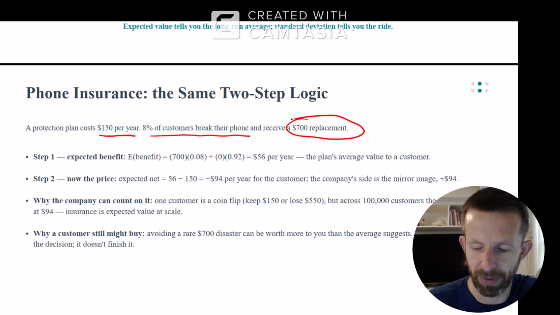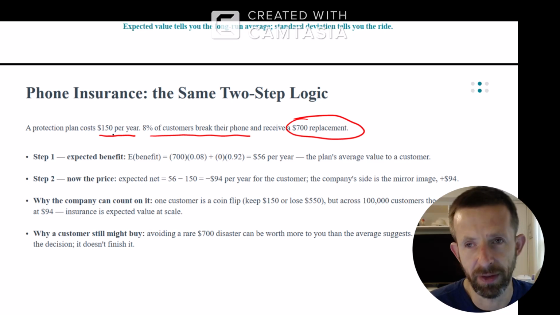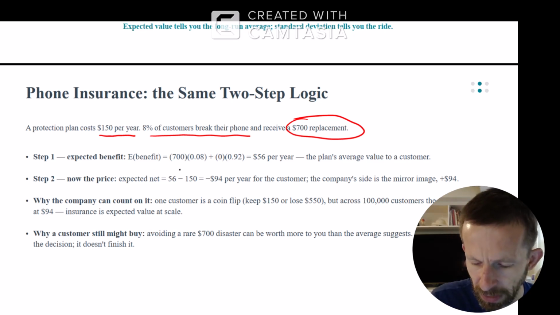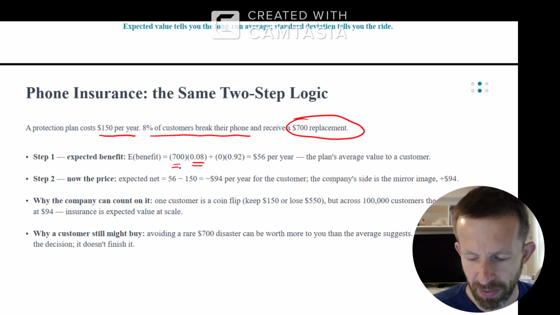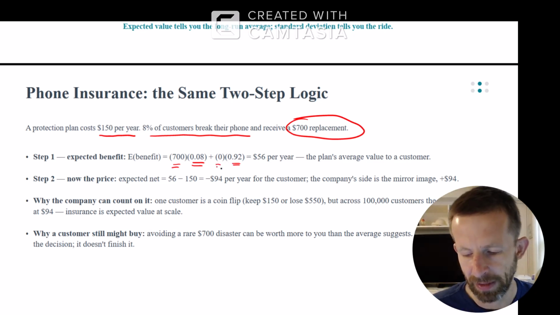So let's say it costs the company $700 to replace a phone, and the protection plan costs $150 per year. So the expected cost is the 8% chance of paying $700, plus 0 times the 92%. 92% of the time they don't have to pay anything out.